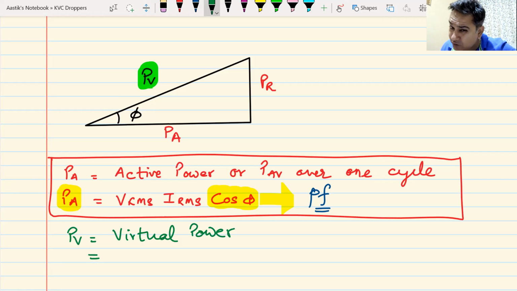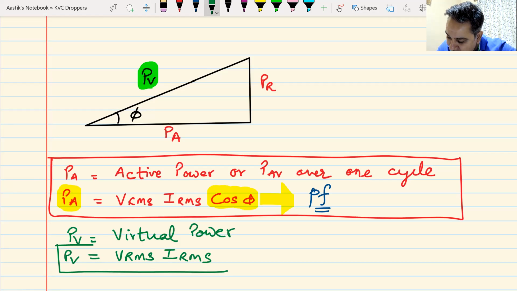And how do I get the value of this virtual power? This is simply equal to VRMS multiplied by IRMS. You can see that the cos phi factor is completely missing. That cos phi determines how much power it has used, and that is known as the power factor.